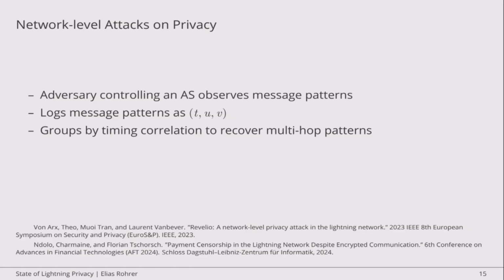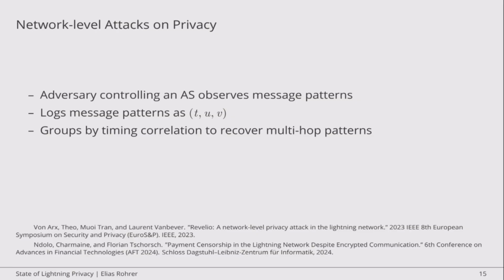So the attack vector is really, they log messages as they see encrypted messages, IP packets basically, with tuples of the destination and the type of the message, basically IP address and port of receiver and sender, and the type of the message. And then they can group these kinds of patterns by timing correlation to just recover basically which messages are likely belonging together.